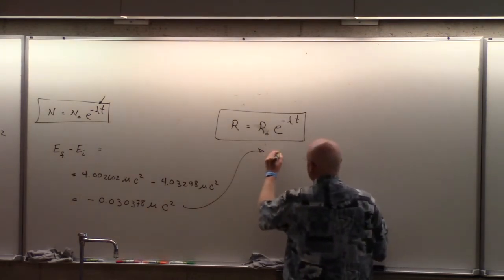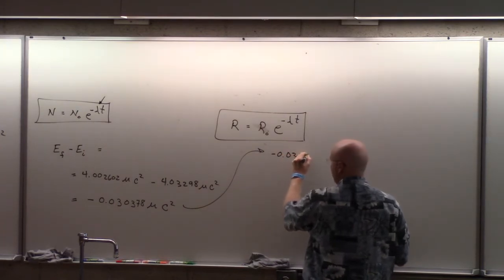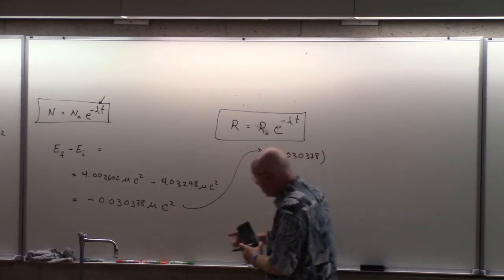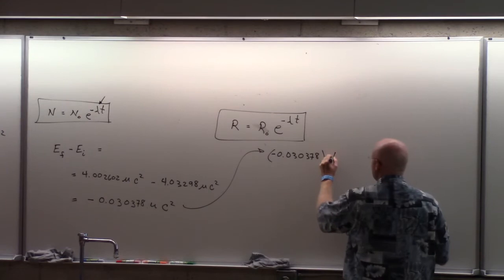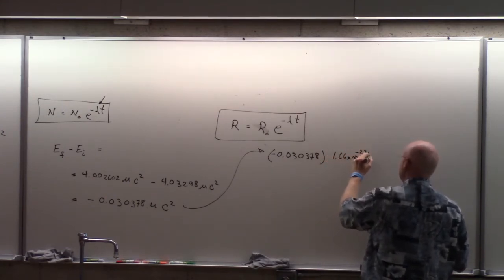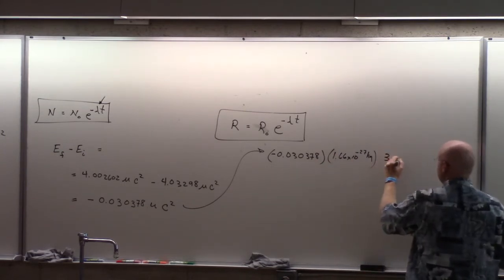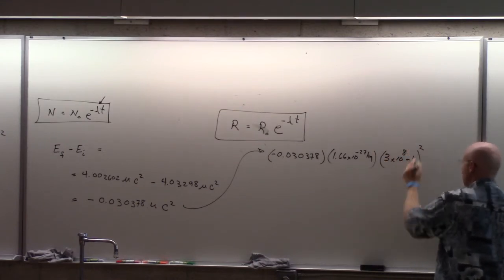So this is my negative 0.0378. This is my atomic mass unit. So this is 1.66 times 10 to the negative 27 kilograms. This is the speed of light, 3 times 10 to the 8th meters per second squared.